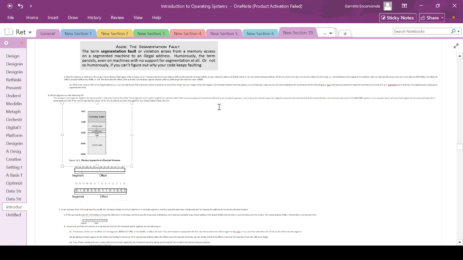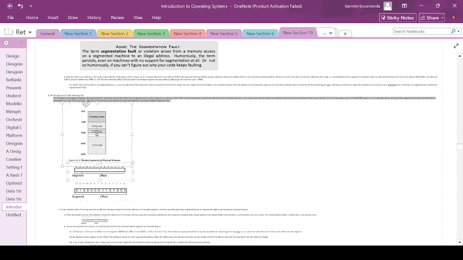One common approach, sometimes referred to as an explicit approach, is to chop up the address into segments based on the top few bits of the virtual address. So this is answering the question of how we can logically segment contiguous memory, such as the heap, the code, and the stack.